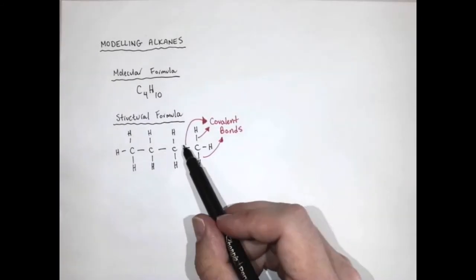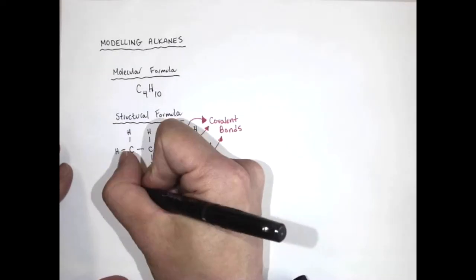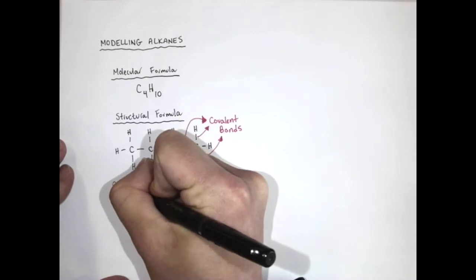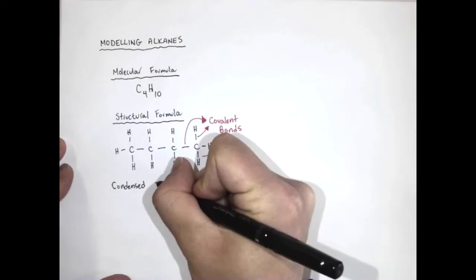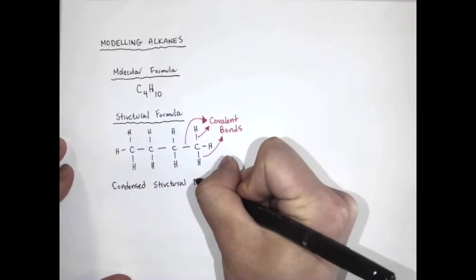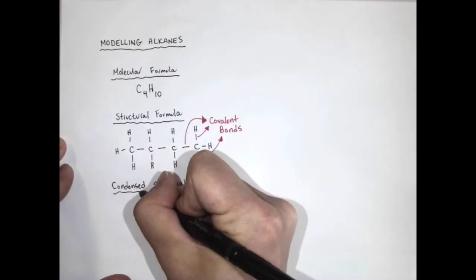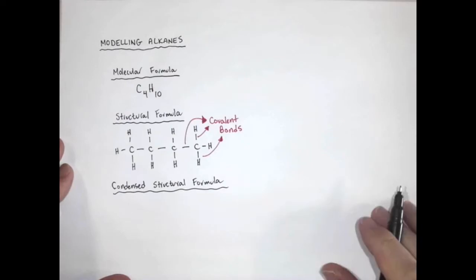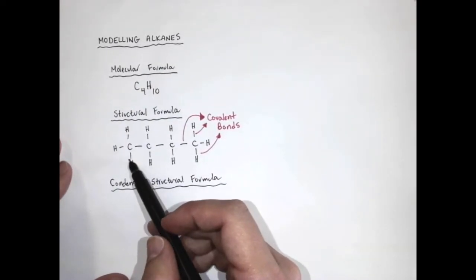All right, now with large molecules, and even for this molecule, I found this kind of tedious to draw. So there's another type that we can use, and it's called the condensed structural formula. In the condensed structural formula, we're going to get rid of all these little carbon-hydrogen bonds.